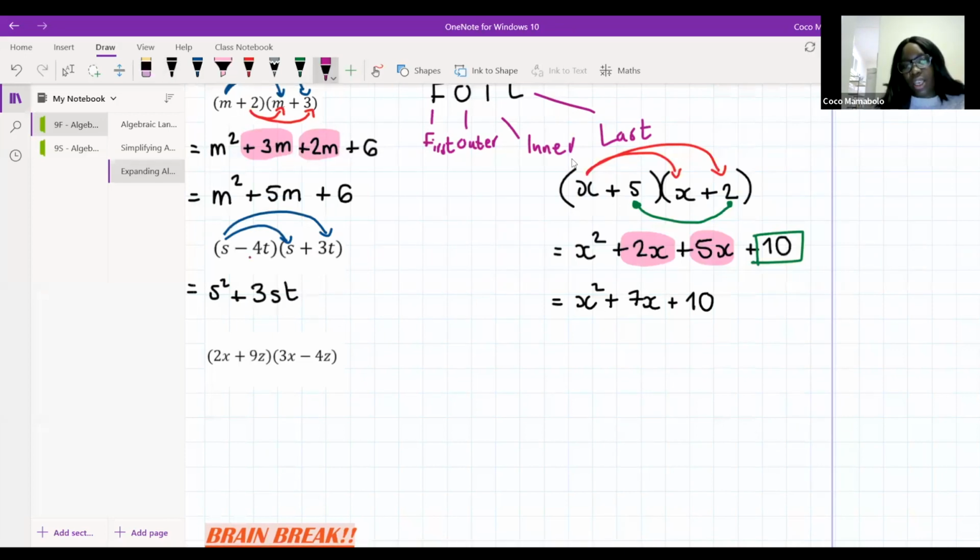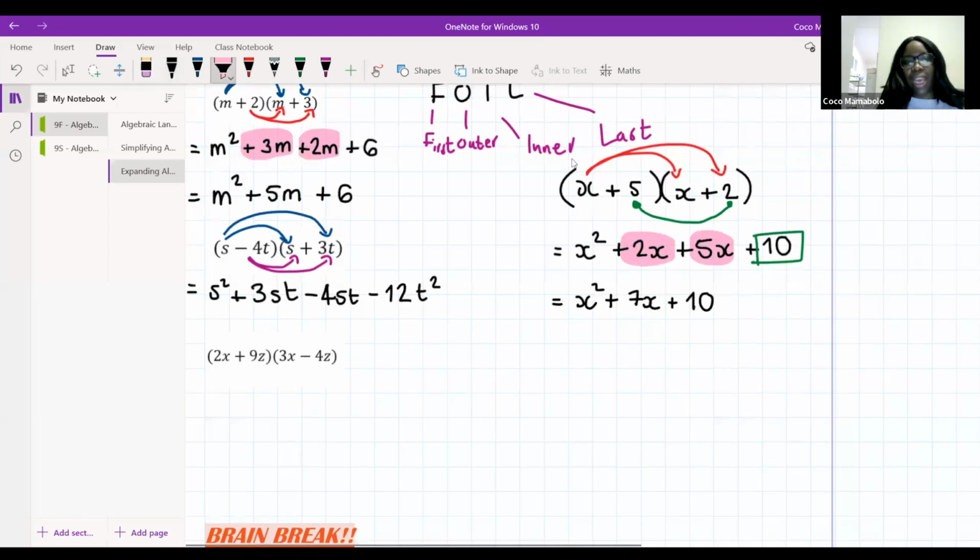Then I've got negative 4t times s, which is negative 4st. Negative 4st. And the last one, very quickly, negative 4t times 3t is negative 12t squared. Beautiful. Very, very well done.